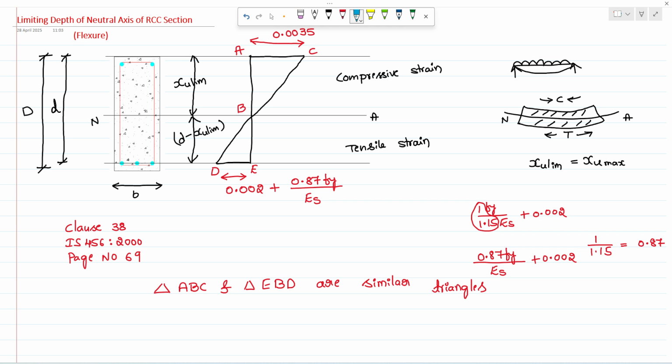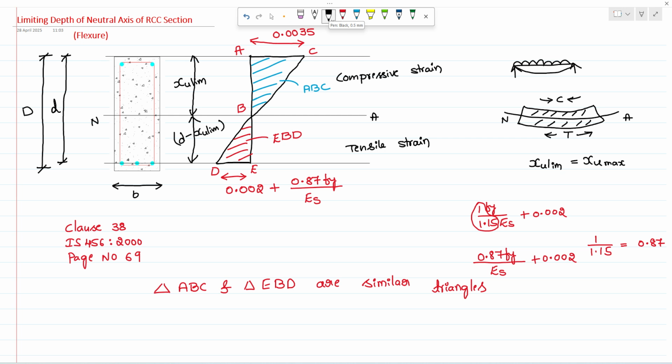So this is triangle ABC, and this triangle is triangle EBD.